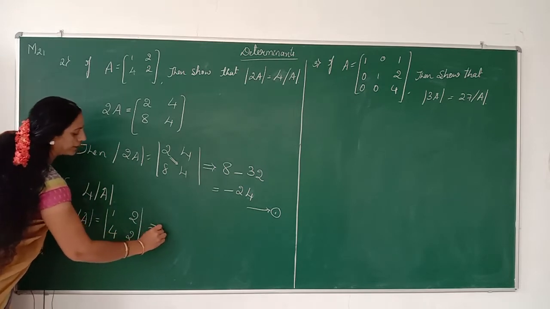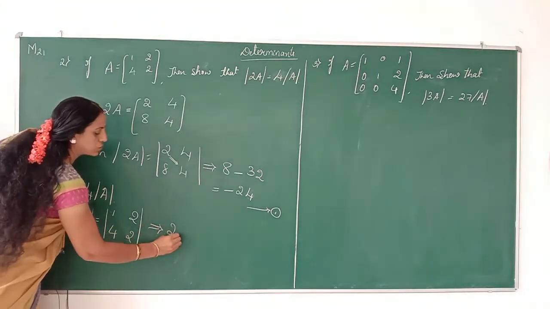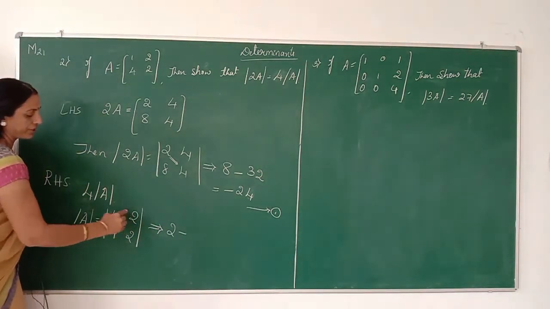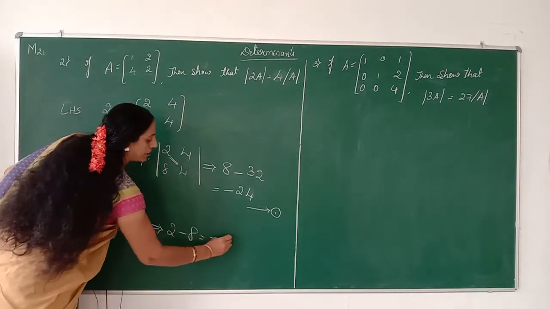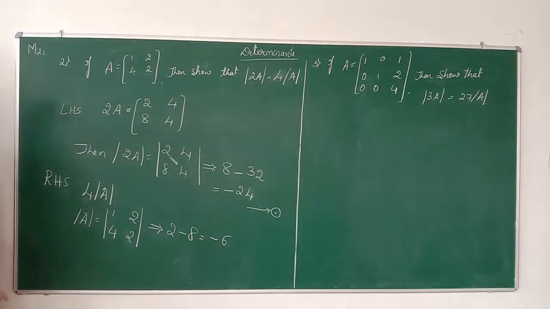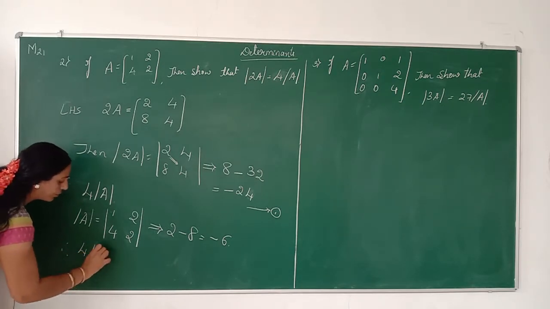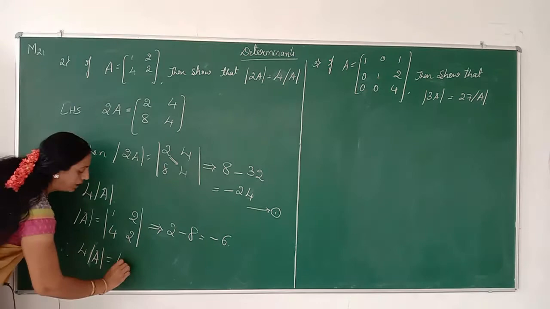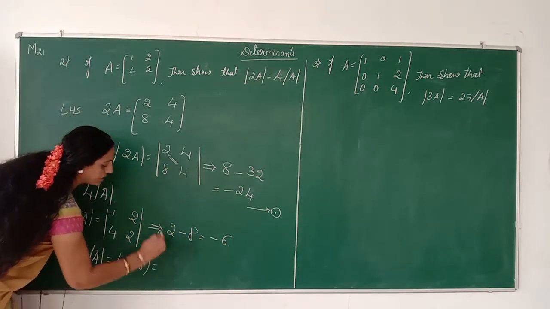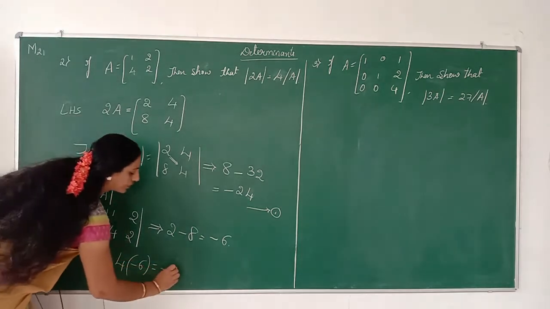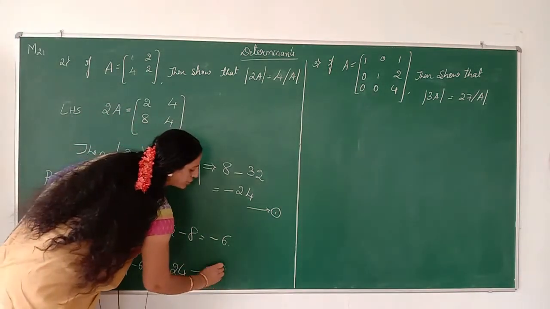Simplifying, the product of the left diagonal is 2 minus the product of the right diagonal, 8. So 2 minus 8 is equal to minus 6. Therefore 4 into determinant of A is 4 into minus 6, which equals minus 24. Let this be called equation 2.